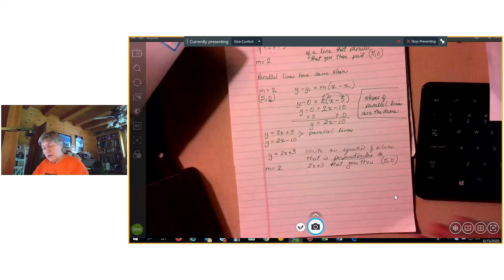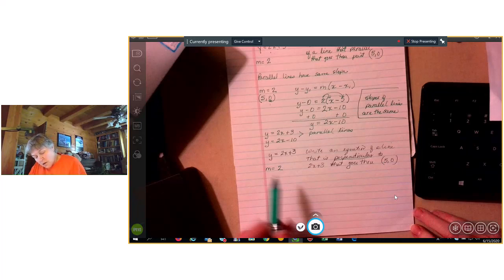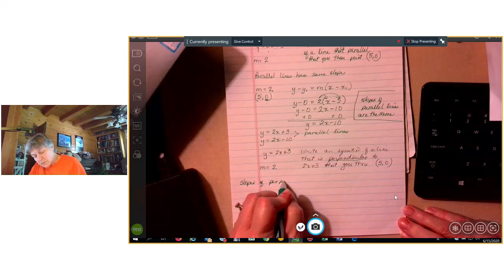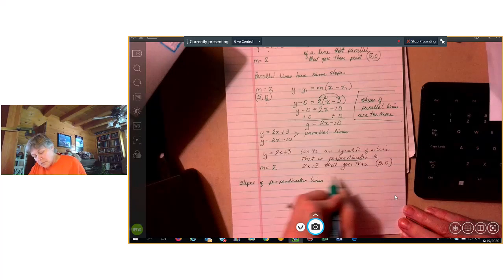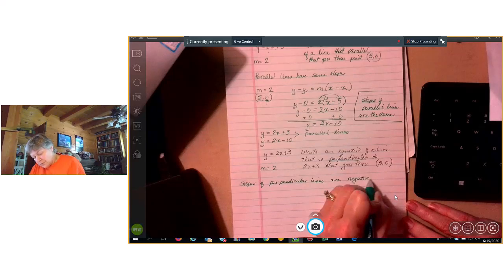So slopes of parallel lines are the same. Slopes of perpendicular lines are negative inverse.